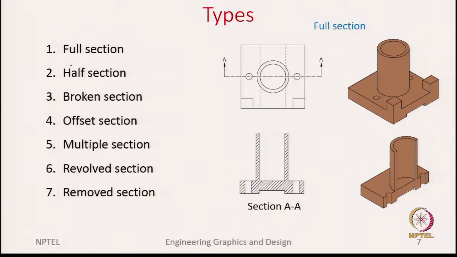The first of these, which is the full section, is something we have been discussing all along. In the last few slides where I showed examples, all of them are full sections. What do we call a full section? Full section is something where, when we define this cut line, it passes from one end of the object to the other end of the object.